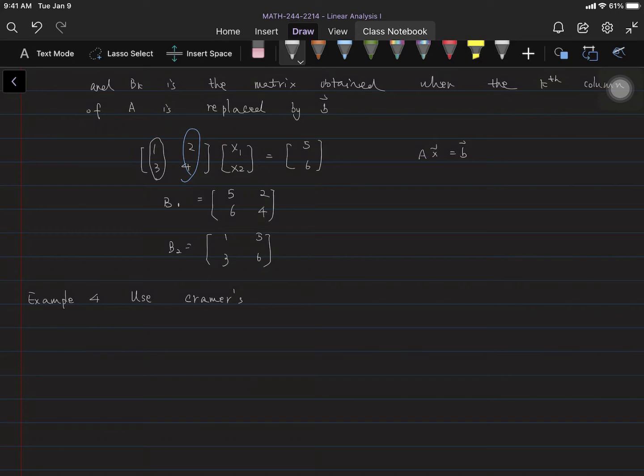Use Cramer's rule. We don't need to know the proof. We just need to know how to use Cramer's rule to solve the linear system. So here the linear system is given by this one. 2x1, and A is a 3 by 3 matrix.